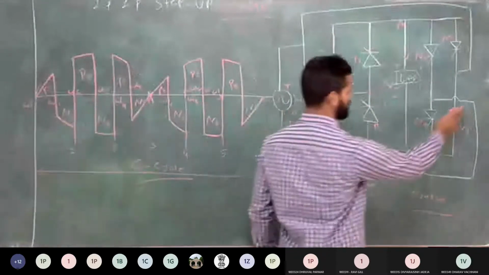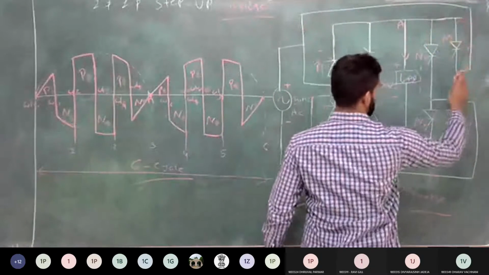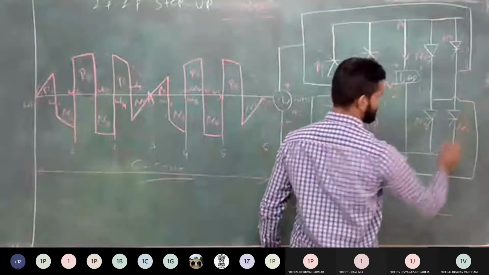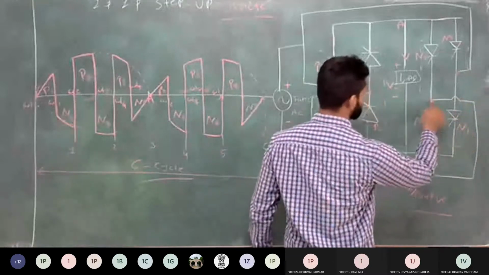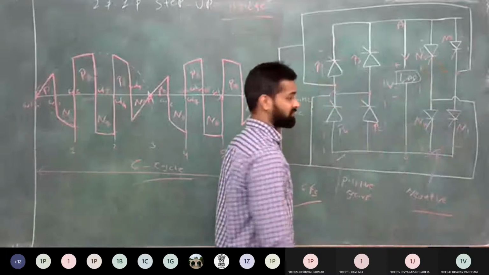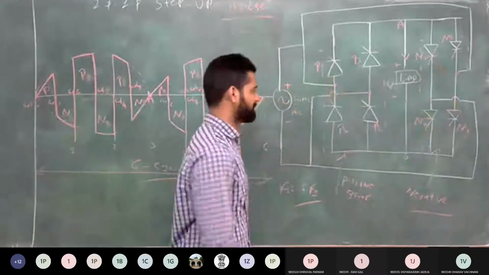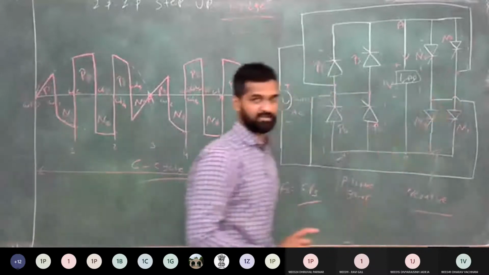In the negative group, the positive terminal is connected with the anode of N1 and the negative terminal is connected with the cathode of N2. It means N1 and N2 come into forward bias during the positive cycle of supply, and N3 and N4 are reverse biased.